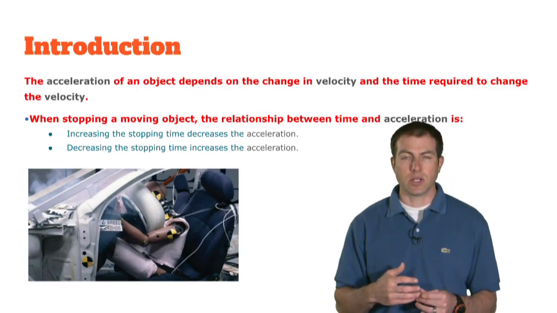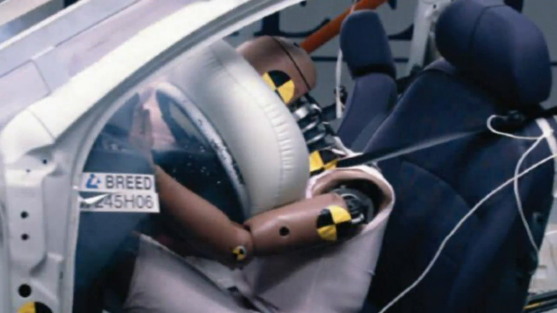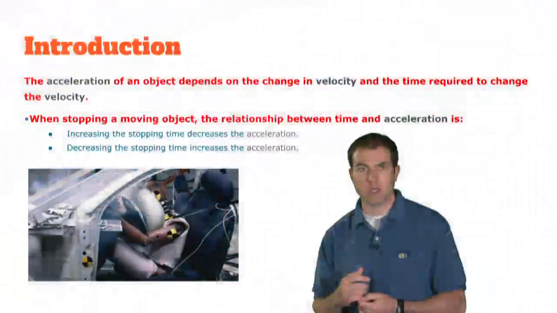This is how airbags work. If you imagine your face hitting your steering wheel, your face stops extremely quickly, which is generally a bad thing. But an airbag inflates, and once your face hits the airbag, it extends the amount of time your face would take to stop. Even fractions of a second lessens the acceleration impact quite substantially.